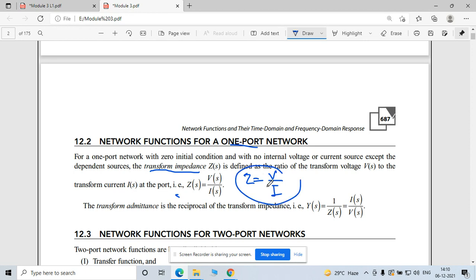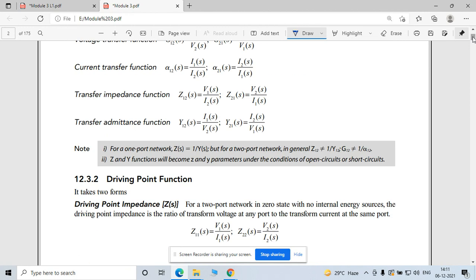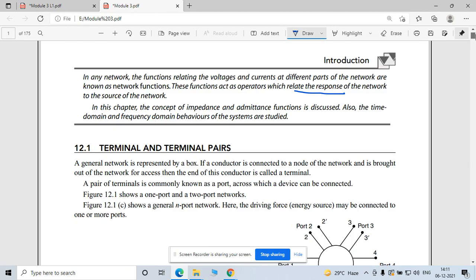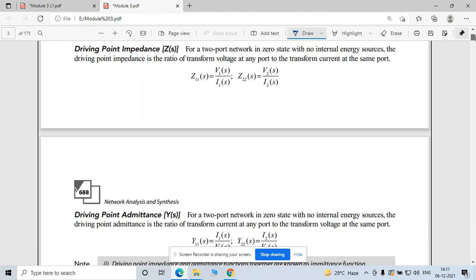So simple. The same is used in port network theory, but in the S domain. Here we are generally studying the frequency in the Laplace domain, and its graph is in the S domain.